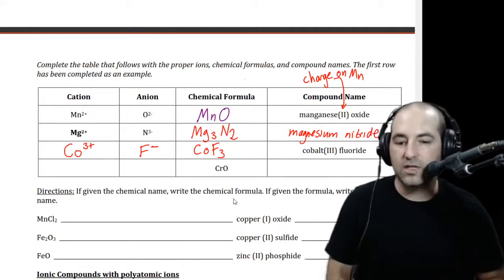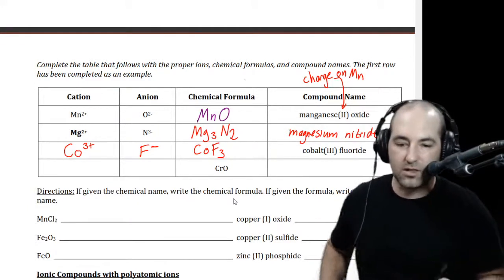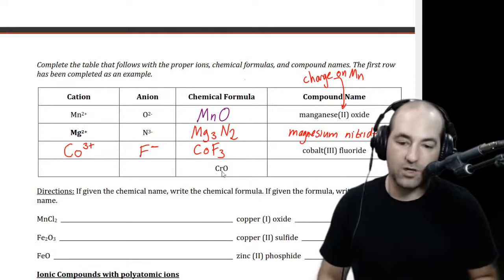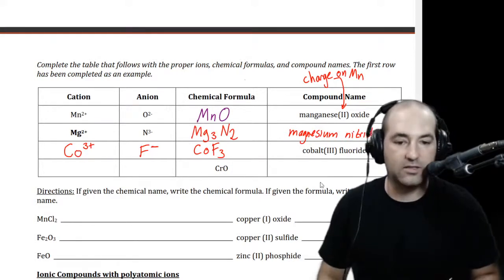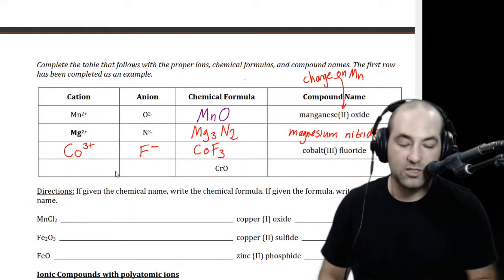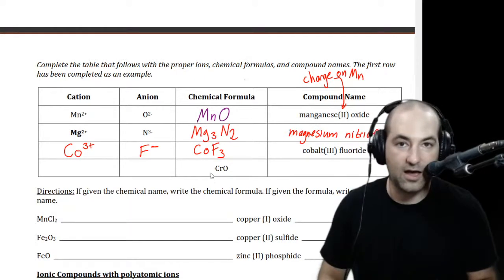All right. So then the last one is a little bit different because we're told the chemical formula, but we're not told the charges or the ions, and therefore we don't know the compound name. If you're told the chemical formula like this, and the goal is to eventually find the name, you still need to break it up into its ions first because we need to figure out what the charge on the cation is. So in this case, all we know about this is Cr.